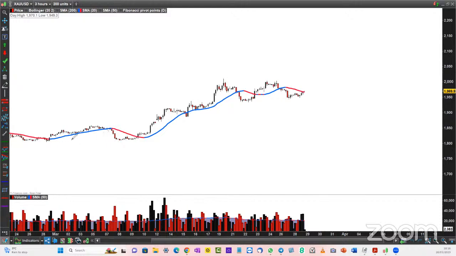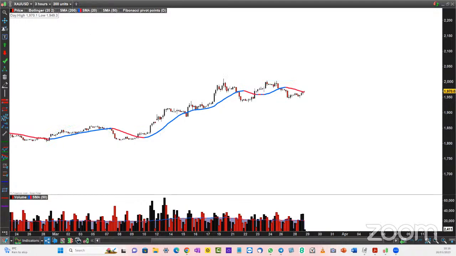Ever since we had this big move up in late February, early March, every subsequent dip is getting bought. But at the moment we're channeling and consolidating. So I'm still buying dips.